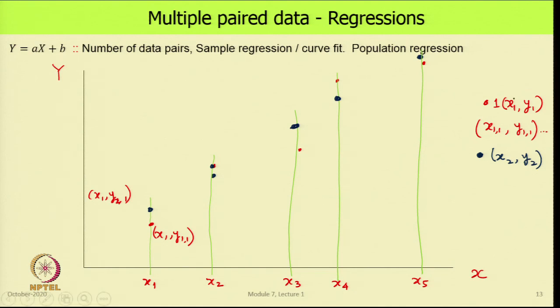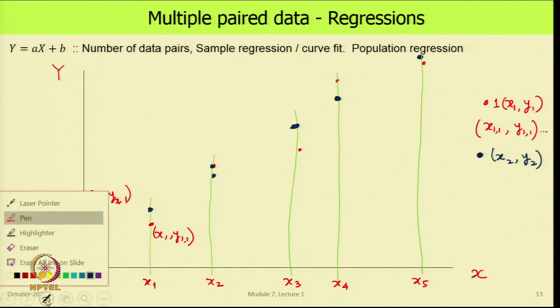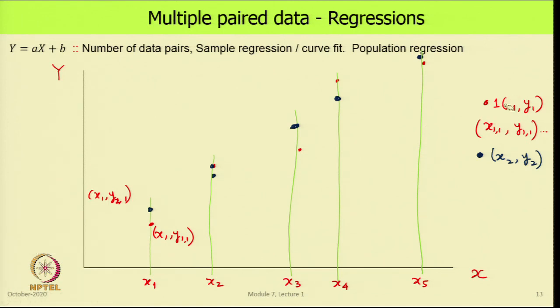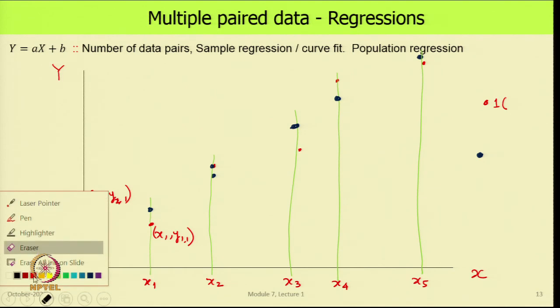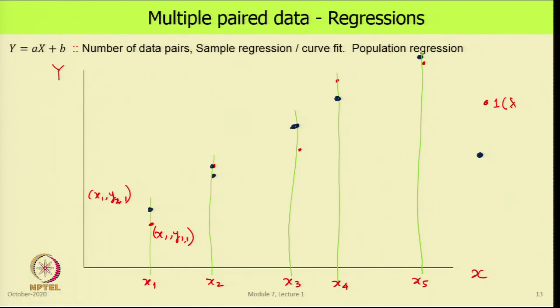We can call this capital so that there is no confusion. So, this is x1 y1 and the second one is the second set x2 y2.